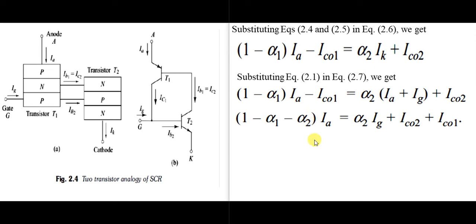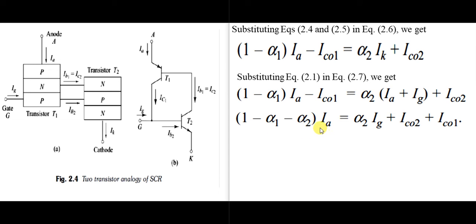Solving it again, taking anode current common, we get (1 minus alpha 1 minus alpha 2) IA equals alpha 2 IG. I have multiplied this, so alpha 2 IA plus alpha 2 IG plus ICO2, and I have taken ICO1 to my right hand side.